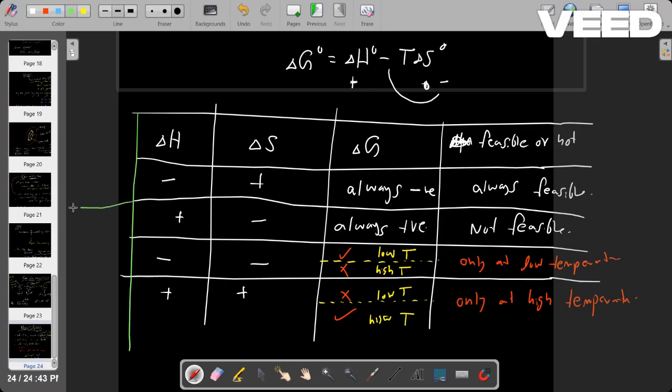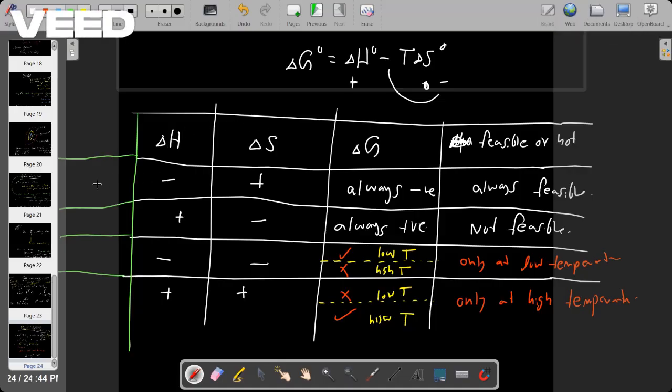Whether it is endothermic. If delta H is negative and delta S is positive, for example, endothermic reaction with the system entropy is also increasing. System entropy is increasing and it is an endothermic reaction, right?